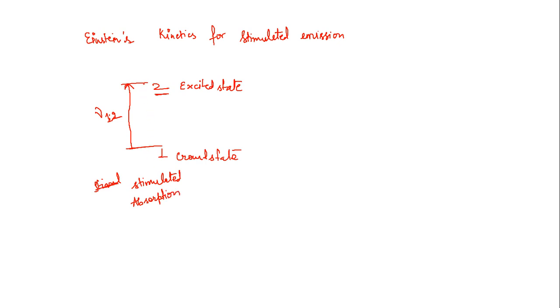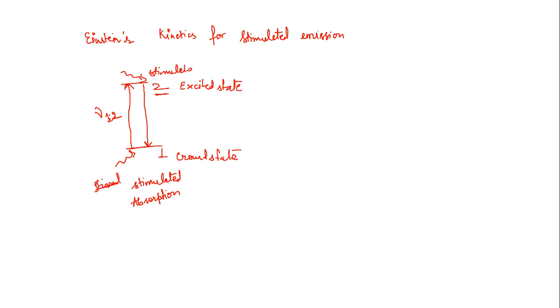It is called stimulated because a photon of light is used to excite the system from the ground state to the excited state. The point to remember is that the photon should have the same frequency as, or a greater frequency than, the energy gap between the two states. The second step, the main topic of discussion, is stimulated emission.